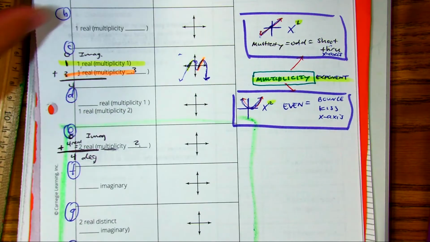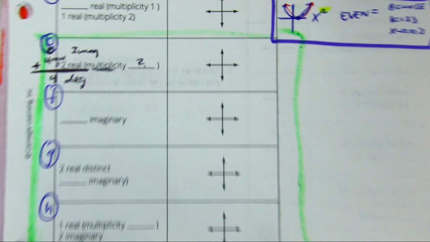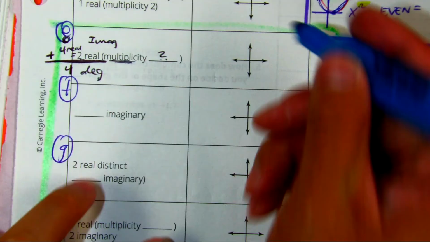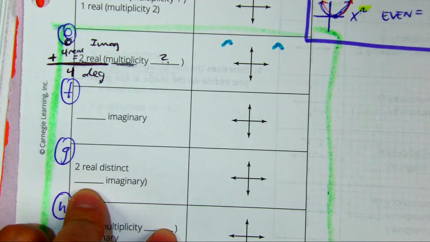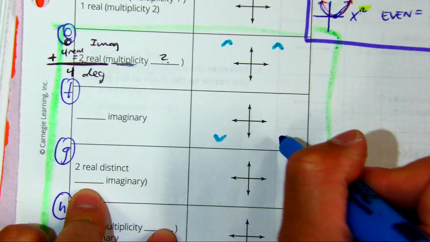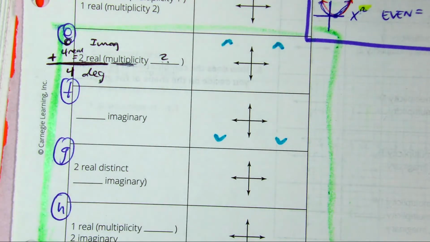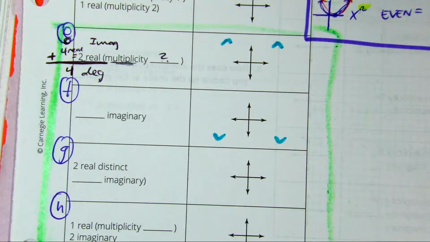So for our problem, let's go ahead and draw that for E and F. Now in these problems, it doesn't tell us if it is a positive A value or a negative A value. So let's just do one of each. All you need to know is that even degree polynomials, you have them both up or both down.